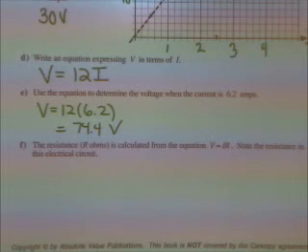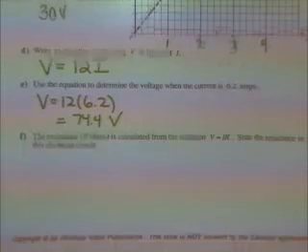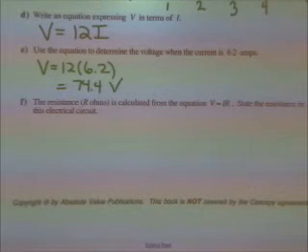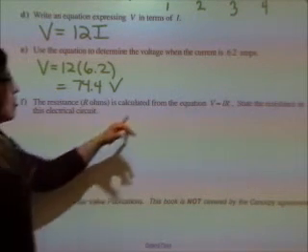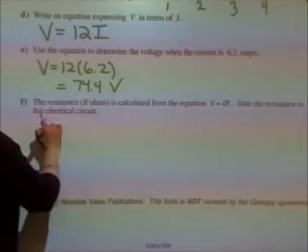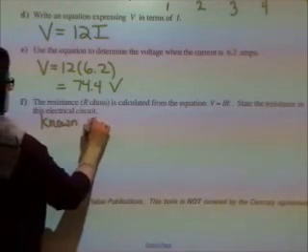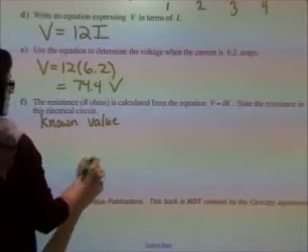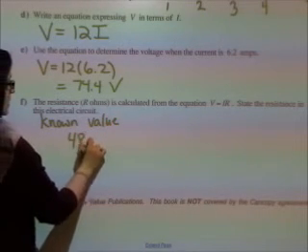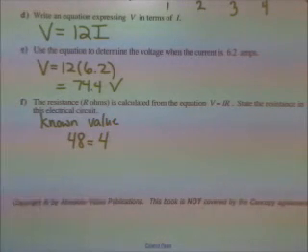Resistance is calculated from the equation V equals I times R, where I is the amps, V is the volts, and R is the resistance. State the resistance in this electrical circuit. So I pick known values. 48 volts was 4 amps.